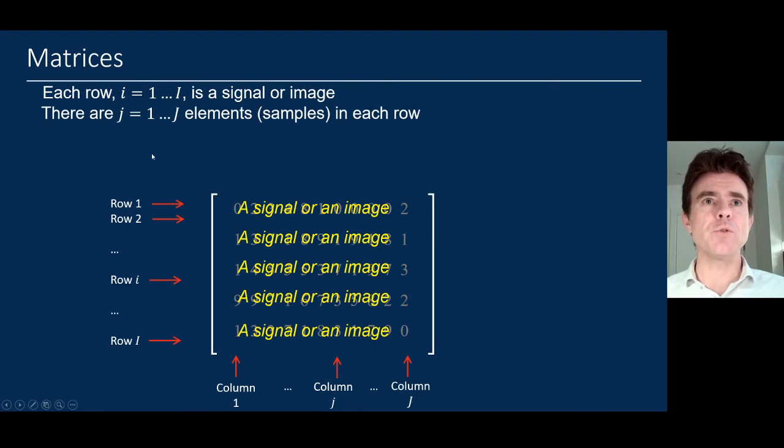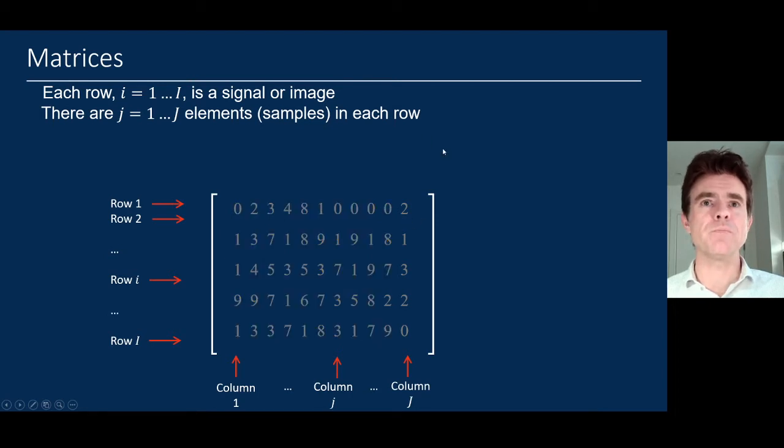Now, notice, of course, that in each one of these row vectors we have a number of elements, a number of samples, which in fact corresponds to the number of columns in the matrix. So I'm labeling that first column as column 1, column 2, an arbitrary column j, right up to capital J as the last column in this particular matrix. And that shows us how many elements are in each of those row vectors.